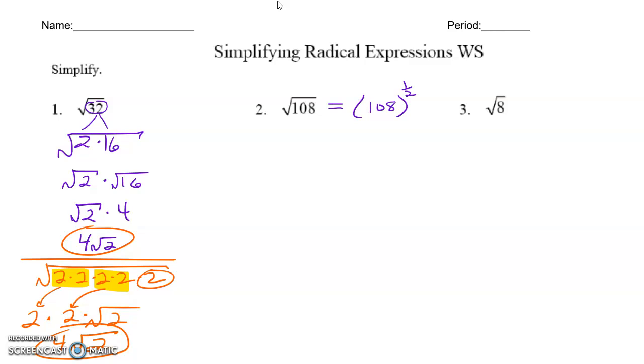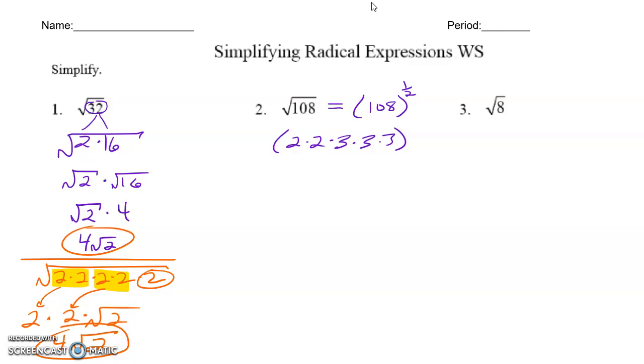Now if we use our factoring method, I can rewrite 108 as 2 times 54. 54 is not helpful, so let's do another 2 times 27. 27 is not particularly helpful. It's a perfect cube, but not a perfect square. So 3 times 3 times 3 is 27. So here's my fully factored version of 108.